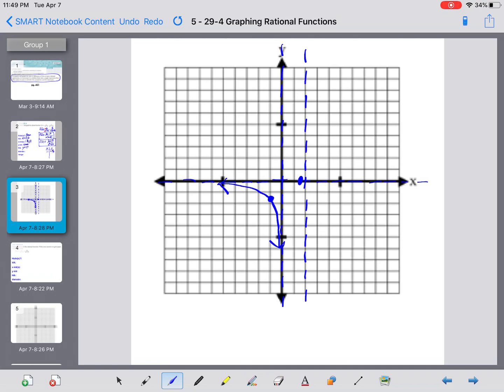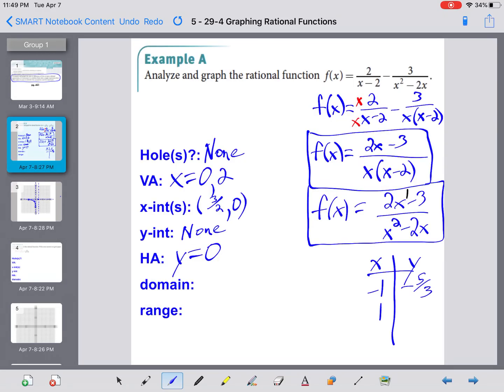Okay, now in the middle, between the two asymptotes, I have 1 point, but I've got to do a little investigation. Here are some options, right? I could have something that looks like that. I could have something that looks like this, right? It still has to pass the vertical line test, so I can't have anything that's like this, right? No, that won't work. So I'm going to plug in 1. If I plug in 1, I'll get enough information. So if I plug in +1, up top I get -1.